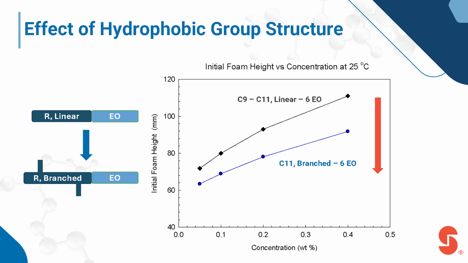The other one, for comparison, is a branched alcohol ethoxylate, same C11, but with a branched structure, as you can see in the diagram. With that structure change, we were able to reduce the foam lower than the regular surfactant. So this is one way to control your foam for a regular nonionic surfactant.